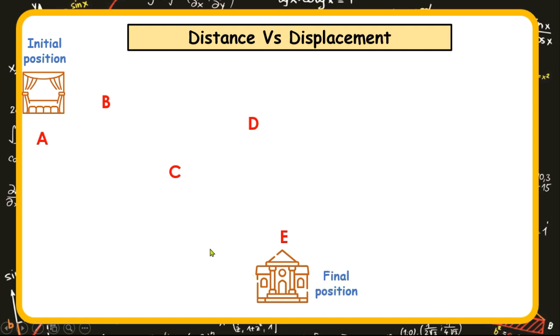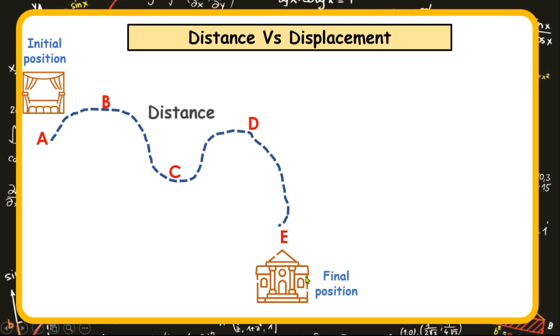Now, if one has to walk from his initial position, your home, to your school, or even go by a car, you travel this distance. So follow the distance being traveled. These are the routes you have to pass through in order to arrive at your final position.